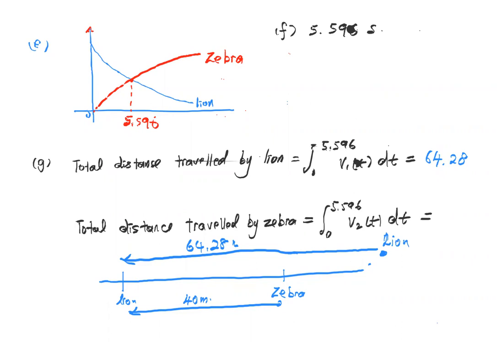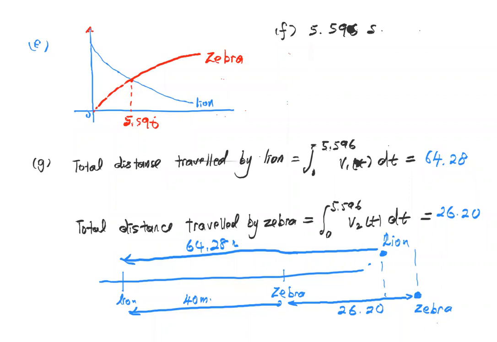Okay. So for the zebra, I do the same thing, but now I use Y2. So you can just use second interchange Y1 to Y2. Okay, this is 26.20. So from here, I add 26.20, correct? So this will be the new position for the zebra. So does the lion catch up with the zebra?